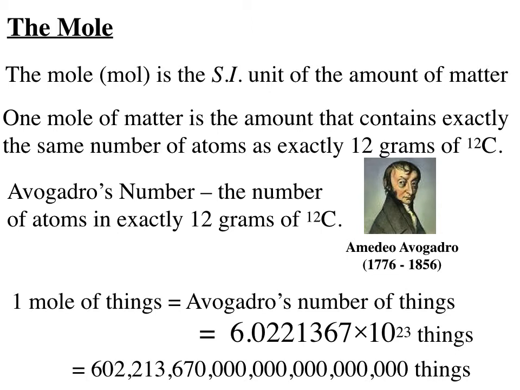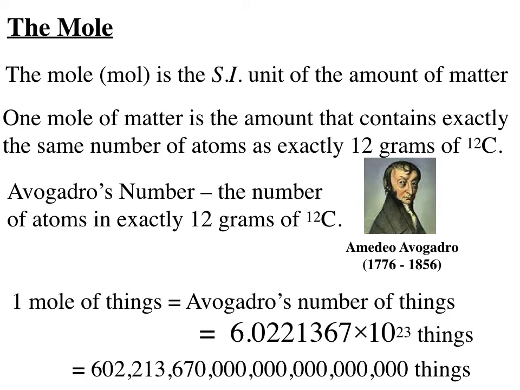Because, of course, one of the things we want to be able to do is deal with materials that individually are quite tiny. So we have these atoms and molecules and even electrons and subatomic particles that we might want to work with.